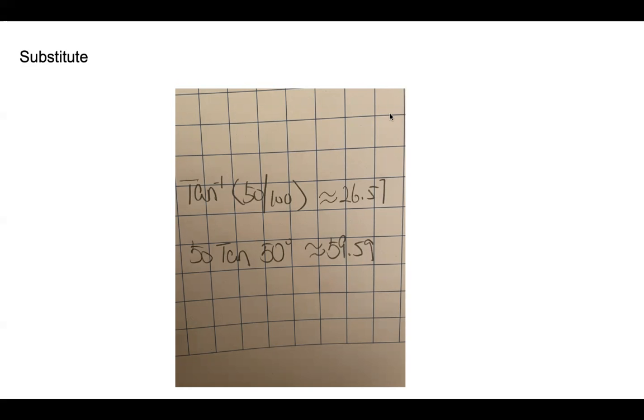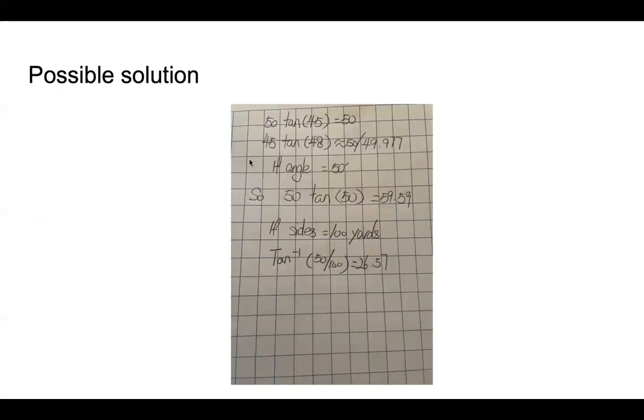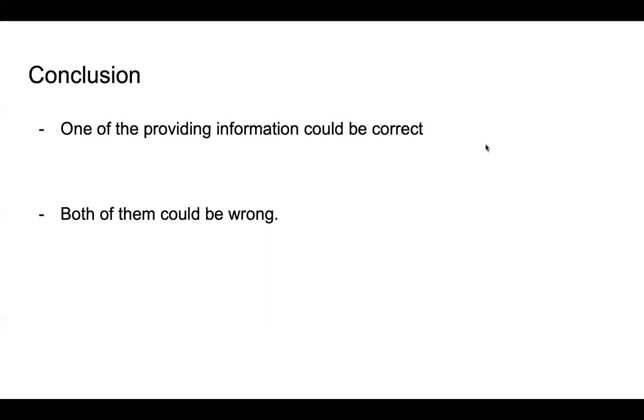So there's also a situation where both of the values that she gave are incorrect. At that time, I need to use the possible solution to find out the valid value for that. And as I said, there are a lot of factors that could cause the measurement to be inaccurate.